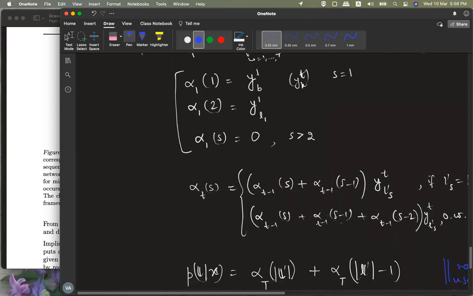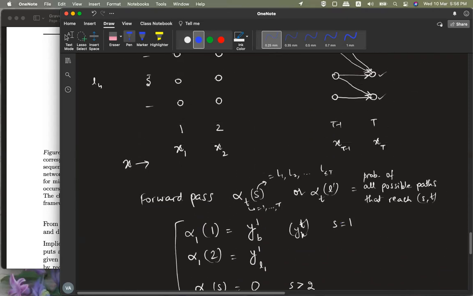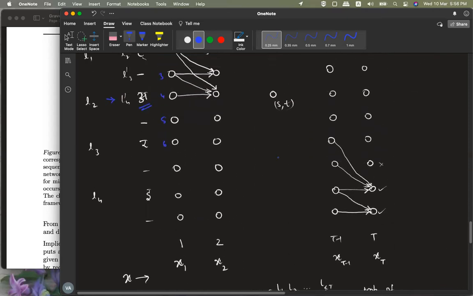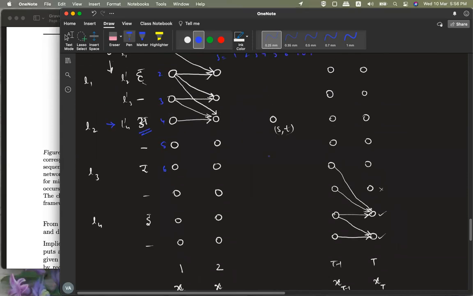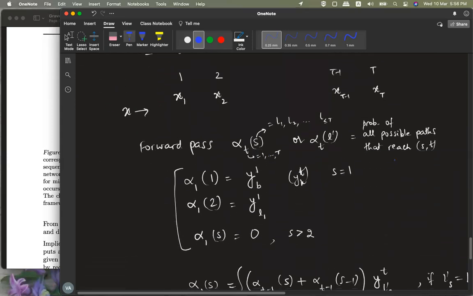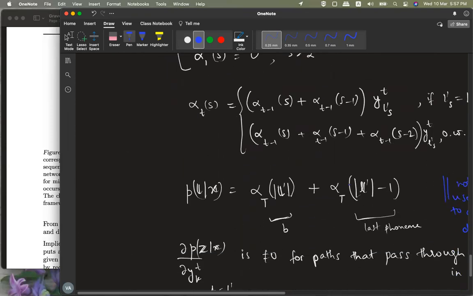Just like you did in the forward step, you then define iterative rules in exactly the same way, just going in the backward direction, and you finally obtain beta s comma t, which will be the probability of all paths that reach s comma t in the reverse direction, or you can say all paths which start from s comma t, right?